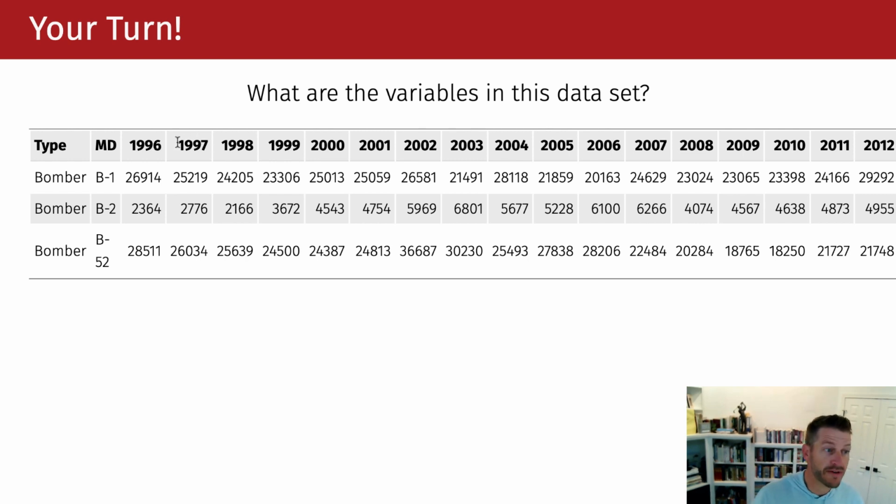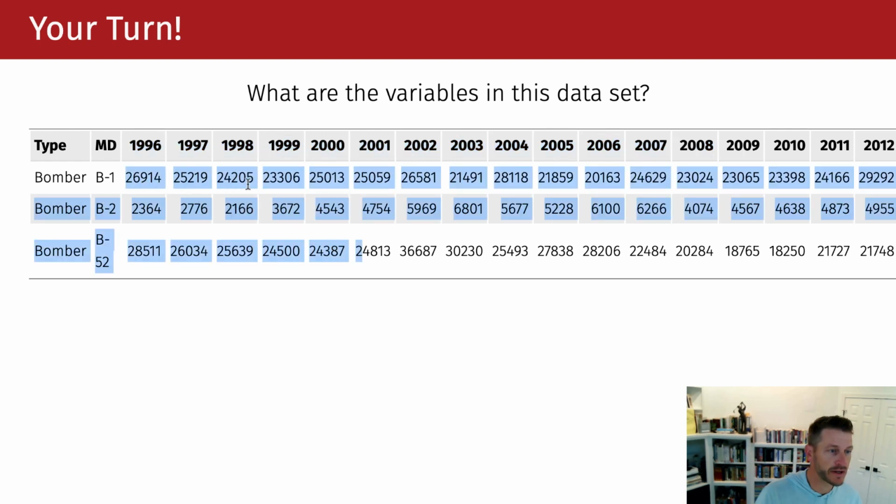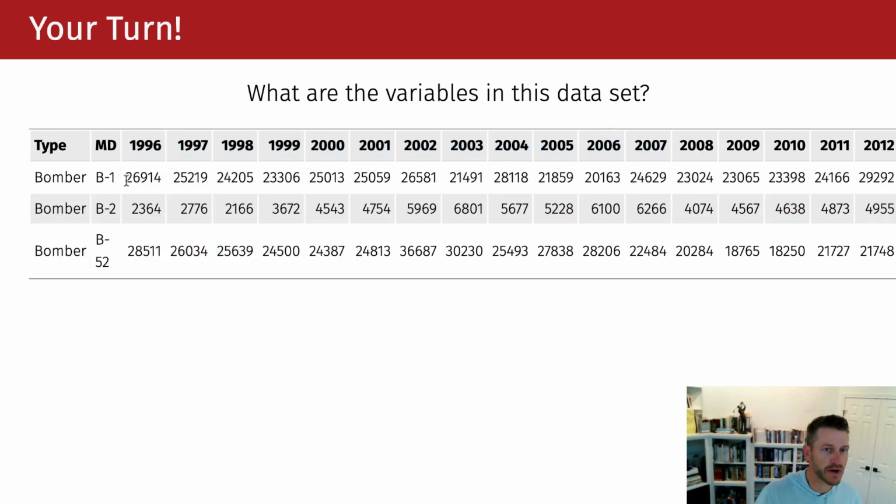This is where we have a variable, like I said, year, represented as the columns. So what we want to do here is reshape this in a way where our column values are represented as a variable, and then all the flying hours we see under here are also represented as their own variable, right? So we'd have to reshape our data in order to get it in that format.